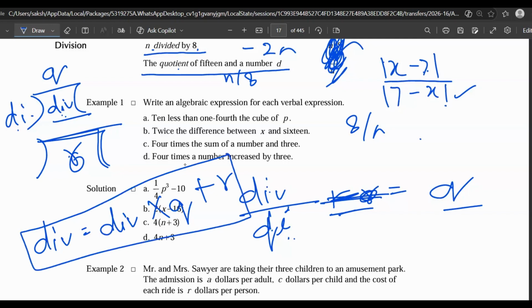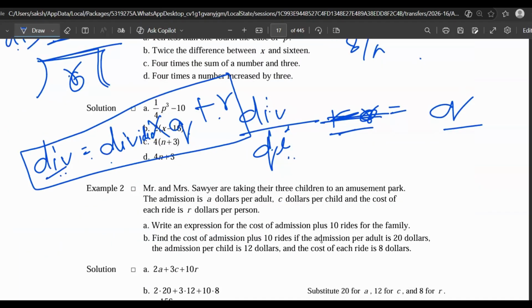Okay. Divisor, dividend, times quotient plus remainder. Here, if I write 4 divided by 2, the quotient I get for this is 2, and the remainder will be equal to 0.